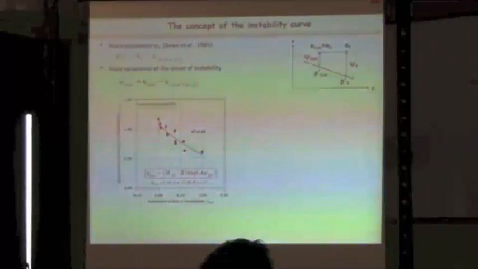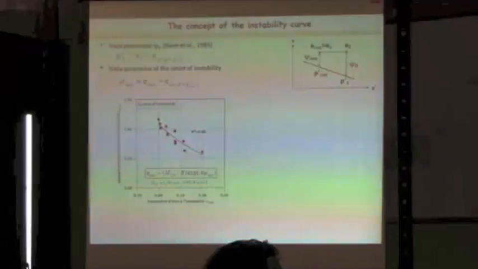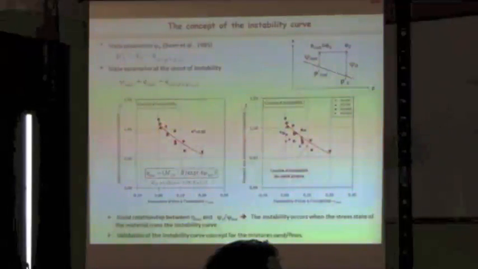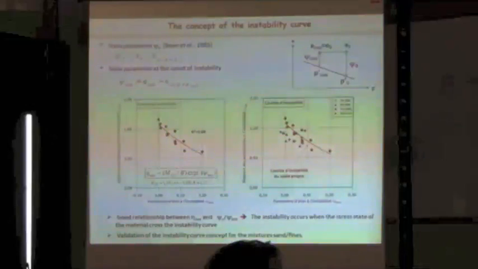This data concerns the clean sand. We did the same analysis for the sand with fines, and in this case we also found that this curve is valid for the mixture, and this has very big importance in the stability analysis, as we will see later.